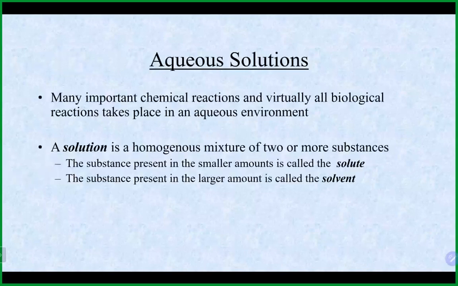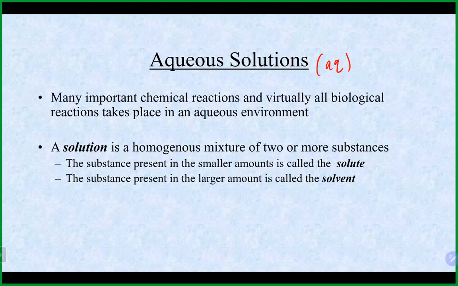So a reminder, we talked about it a couple of times throughout the semester, but many important biological reactions and a lot of other chemical reactions do occur in an aqueous environment, and aqueous is really those guys that get the AQ symbol next to it.